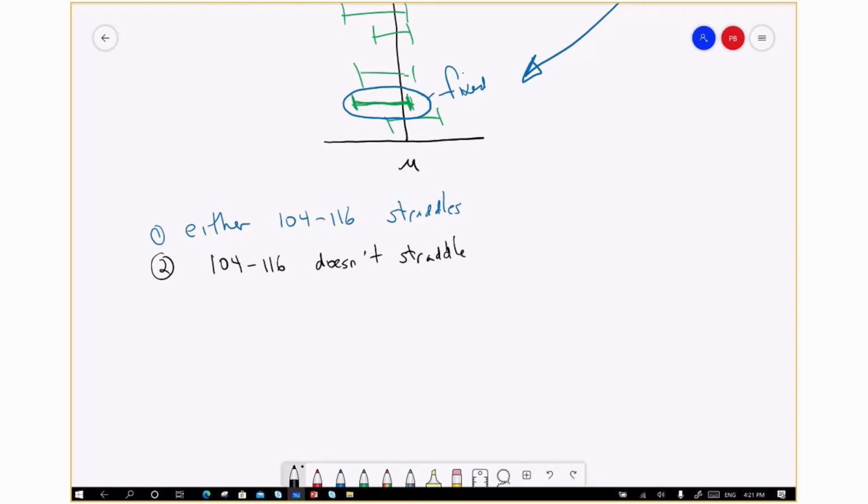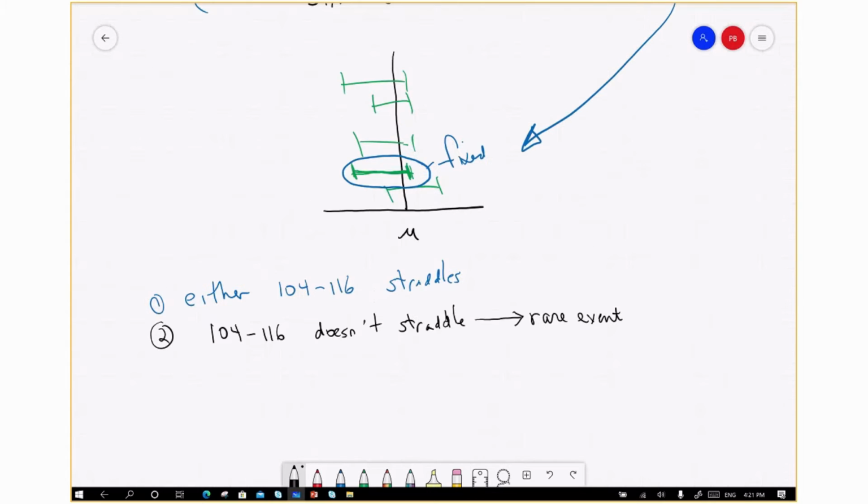Now, if this occurs, this would be a rare event. Because remember, with a 95% confidence interval, 95% of these intervals straddle the true mean.